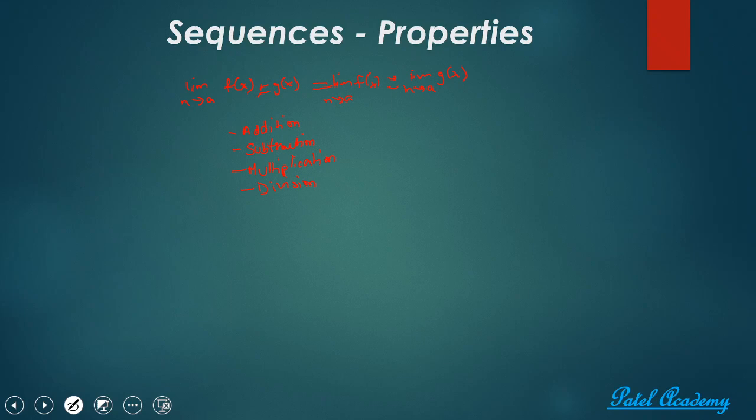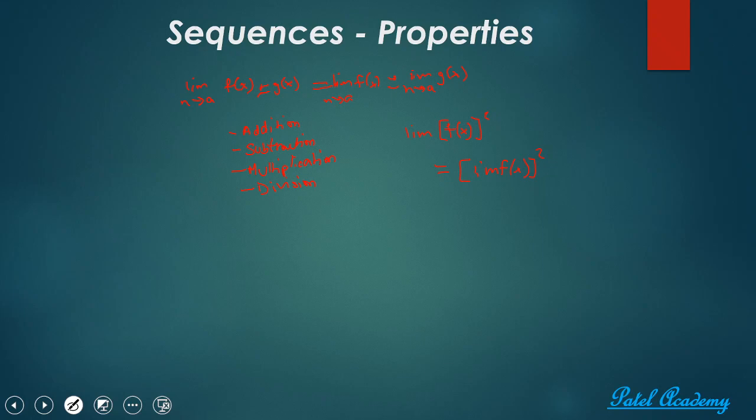So if it's, let's say, the limit of f at x all squared, and that's equal to the limit of f at x, evaluate that first, and then square that limit.